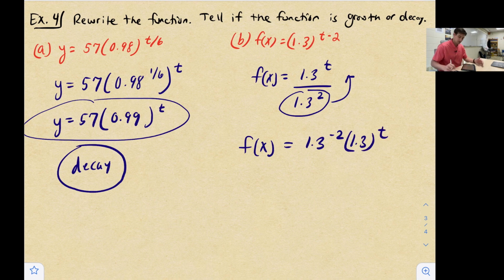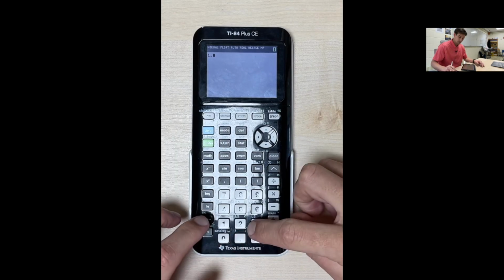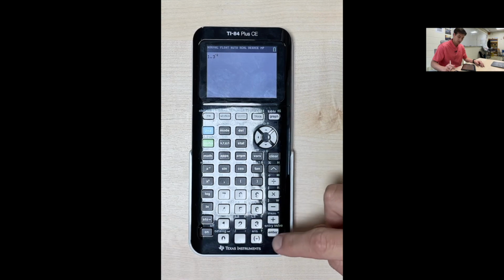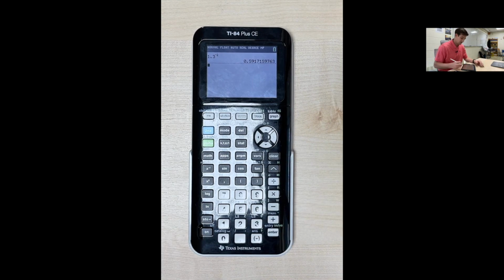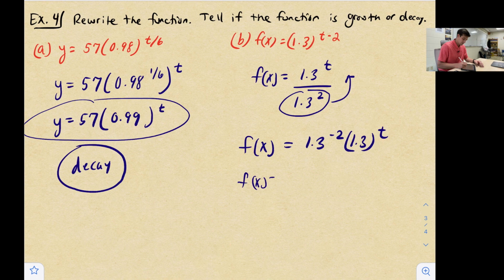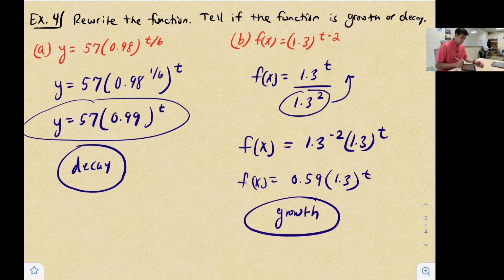So now in our calculator, we can do 1.3 to the negative second power, and we get 0.5917. So I'm going to say f of x equals 0.59 times 1.3 to the t. And we look now at our growth factor, which is 1.3. And I said growth factor because it's more than 1, right? So we can say this is exponential growth. All right, so that's a little bit about exponential growth and decay.